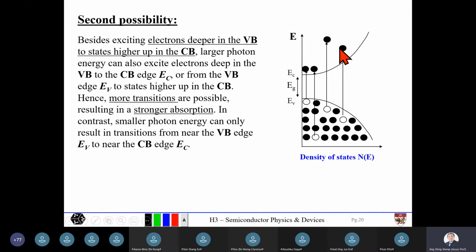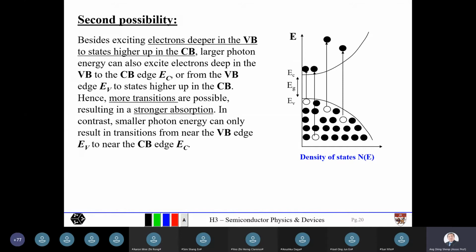So what I'm trying to say here is that the number of possible transitions increases with the photon energy, or more energetic photons can excite electrons in many different ways. That increases the chance of the photon being absorbed by the semiconductor. So these are the two possible explanations why alpha can increase with photon energy.